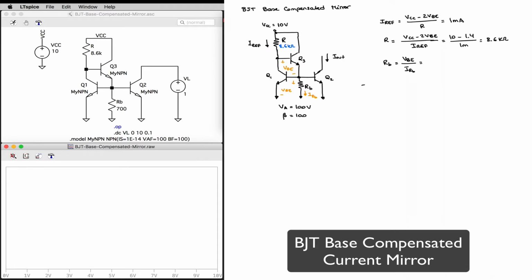Okay, and so this is 0.7 volts, and I want my IRB to be approximately 1 milliamp. So this will give me 700 ohms.